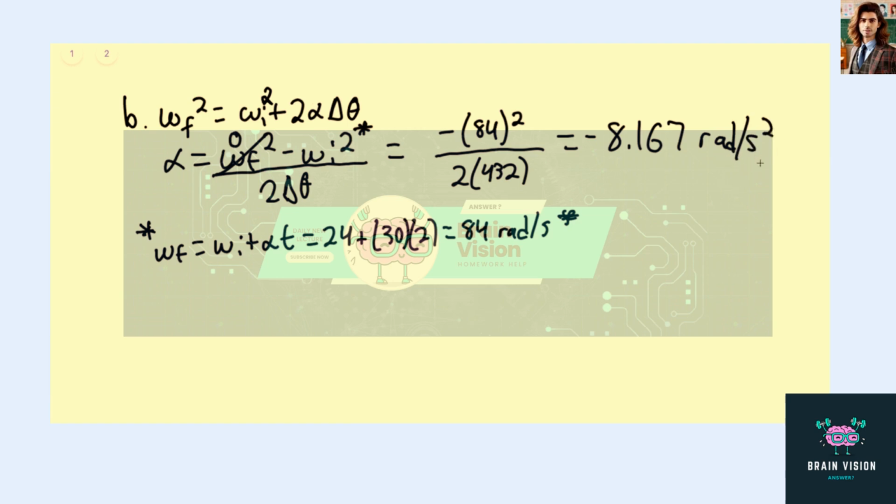So this is actually part C, but it's much easier to find C first and then find B. At this point, you can just use the same exact equation. However, now we're doing it from 2 seconds to t final.